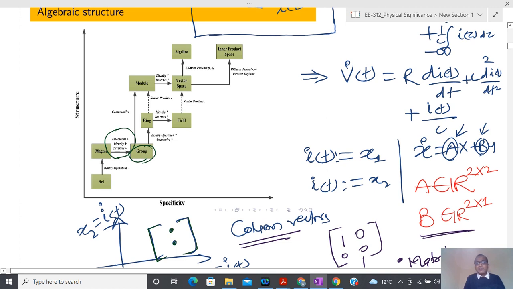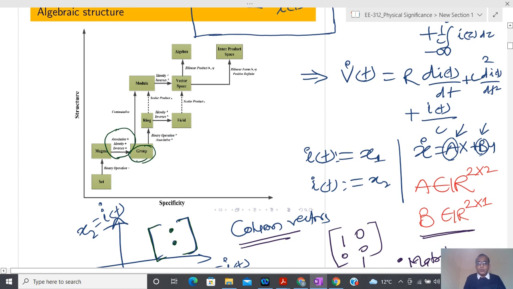After that, I am going to add one more operation. A group has only one operation, but whenever I am talking about a ring, I have two operations.